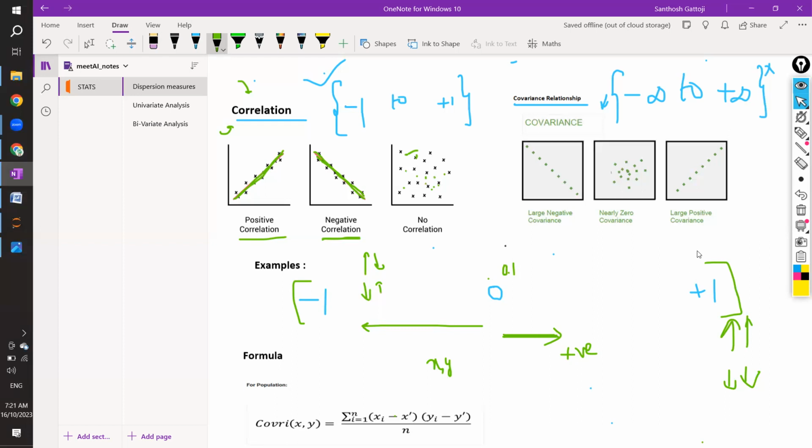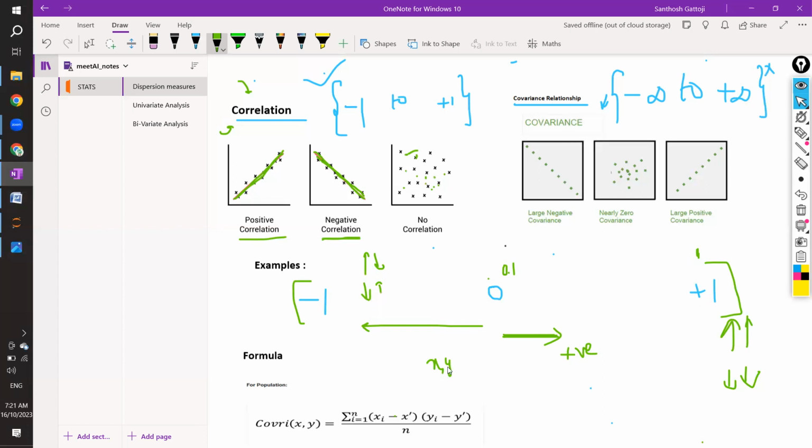From 0.1 to 1, any positive value means those two columns have a good positive correlation. Obviously, if the value is more, it is a very strong positive correlation. If the value is less, it is not that great a positive correlation. It is still positive, but not that great.